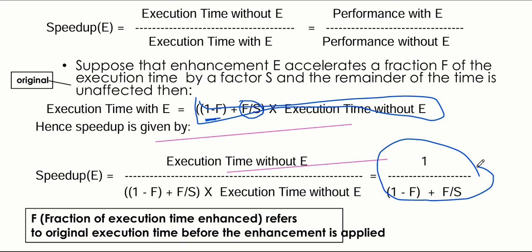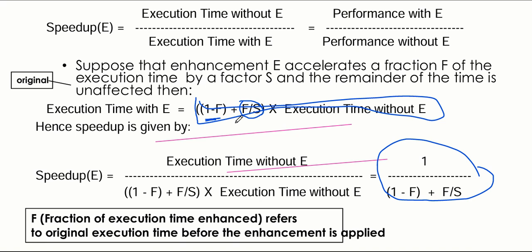Then it means that the speed up will be given as 1 over 1 minus F plus F over S, right? Where the 1 minus F represents the part which never got sped up, and the F over S represents the part which got sped up, over the factor of the speed up, right?